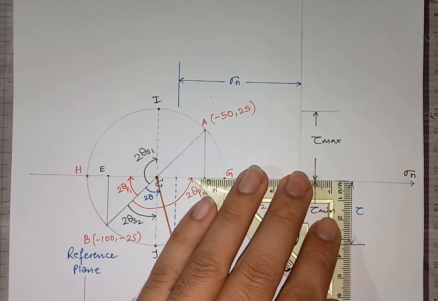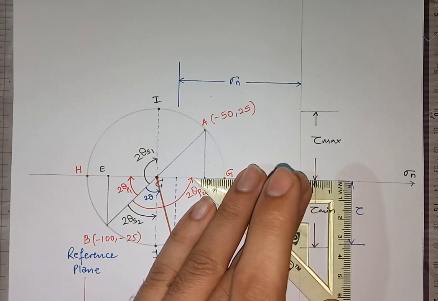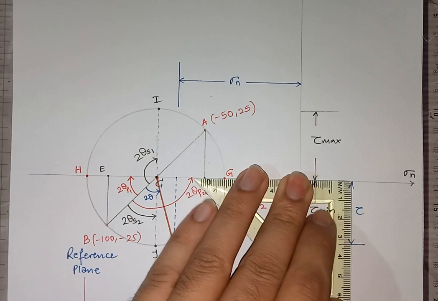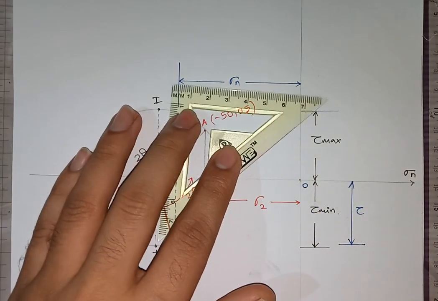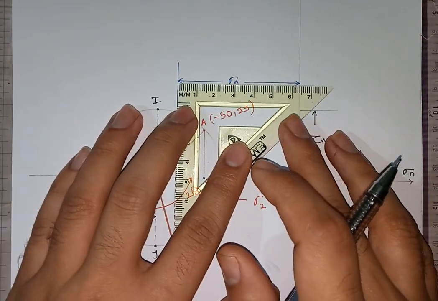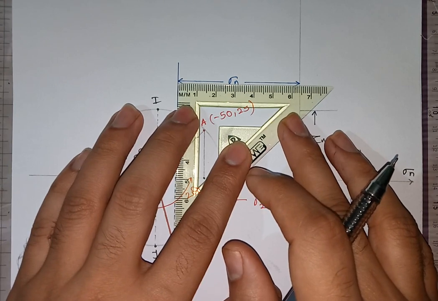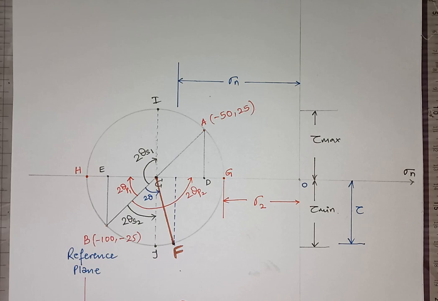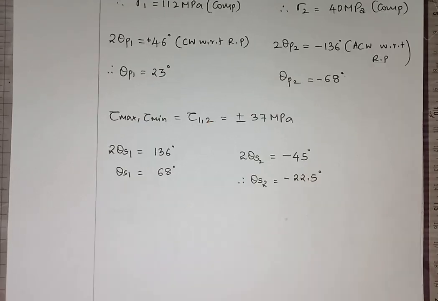So this distance is 33 mm, and this distance here is 64 mm.